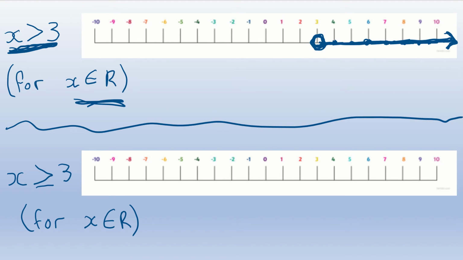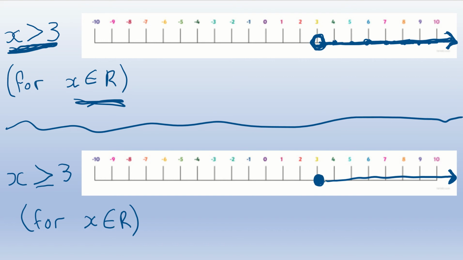If you look down to the second part of the page here, it's literally the exact same question, except this time my inequality in the middle is the greater than or equal to sign. So we're going to end up with the exact same numbers if you think about it. All the real numbers that are bigger than 3. But this time when I get down to 3 here, I'm going to draw a circle, but I'm going to fill it in.